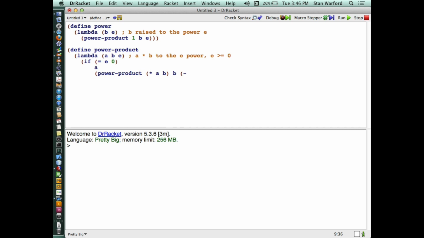Minus E 1. Boom, boom. Run. Now let's test it. Power 4, 5 should be 1,024.